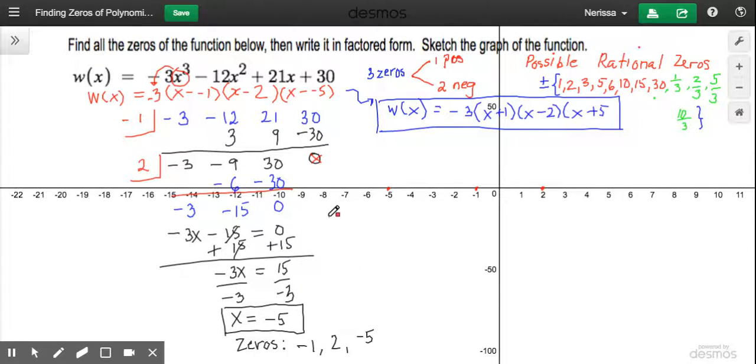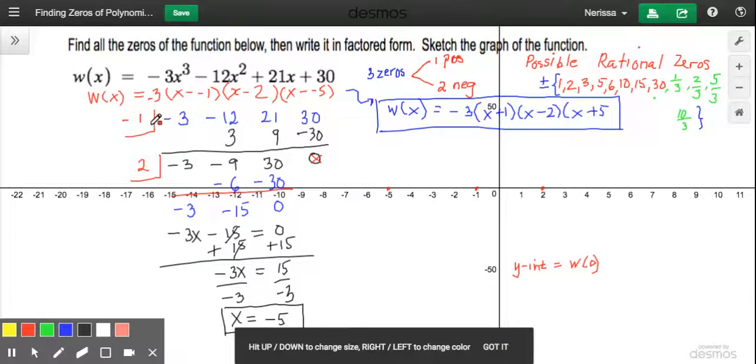Now we want to also find the y-intercept. And the y-intercept is w of 0. So we are going to plug in 0 to the x. So we want x to be 0. So x to the third becomes 0 to the third.